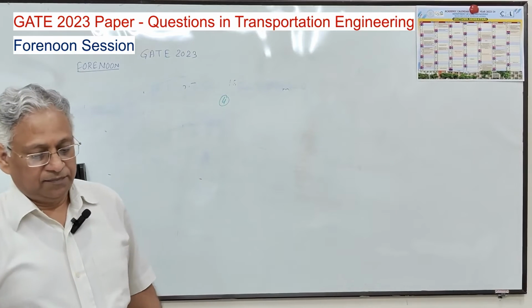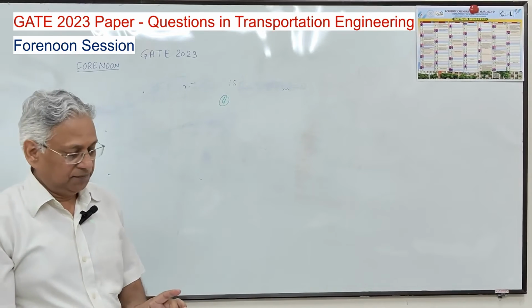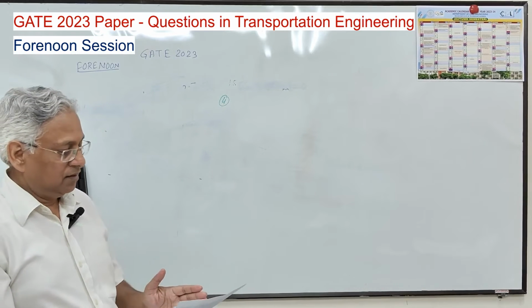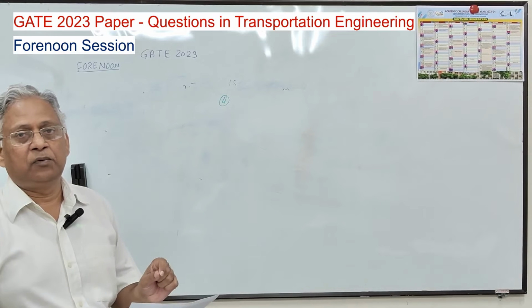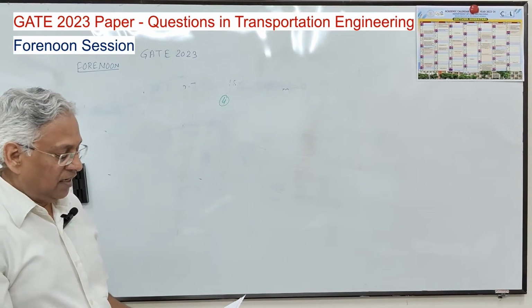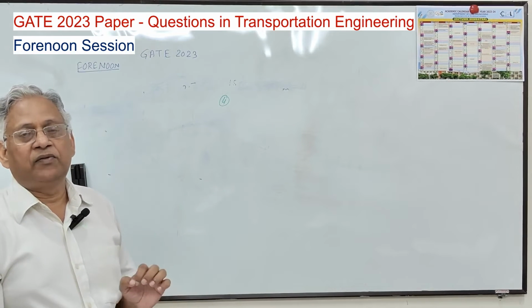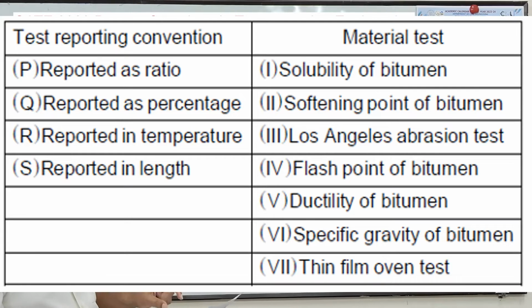Next question is, here a table is given. On the left side of the table, there is the test reporting convention, how test report data is reported. And on the right side, you have the type of test. So reported as a ratio, reported as a percentage, reported in temperature, reported in length.